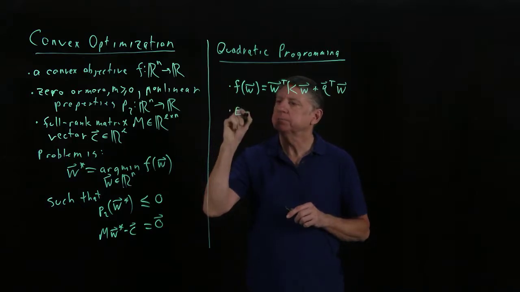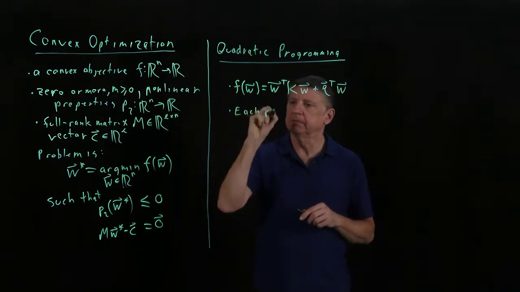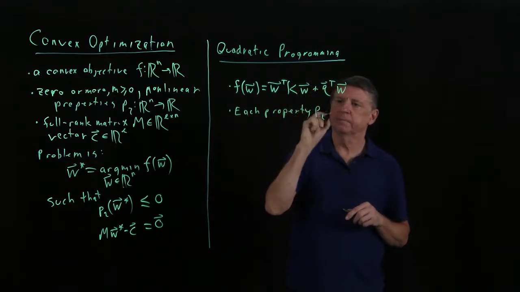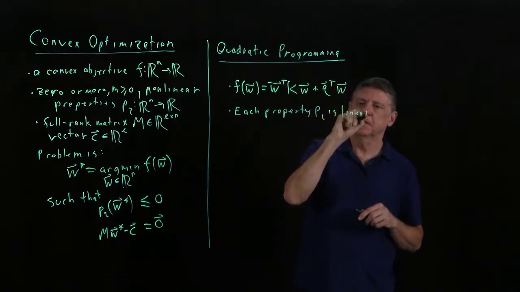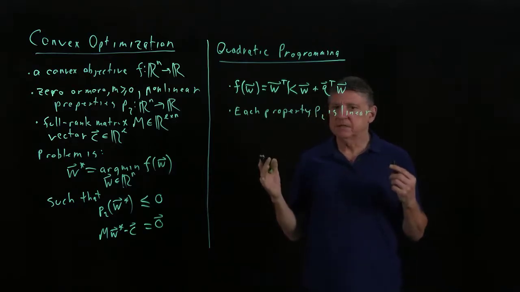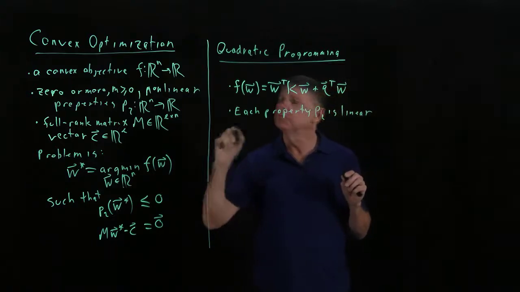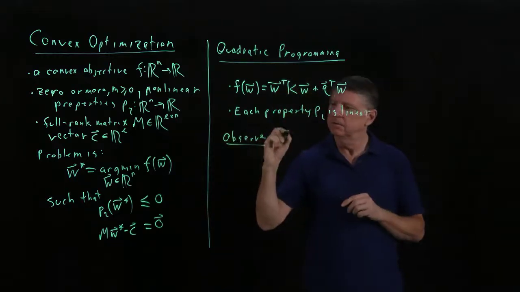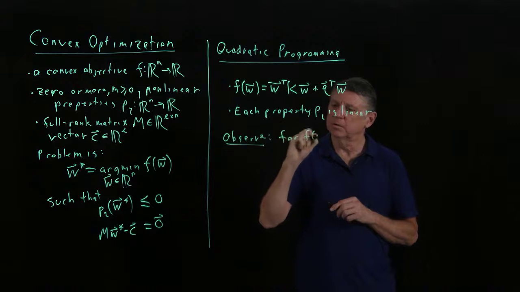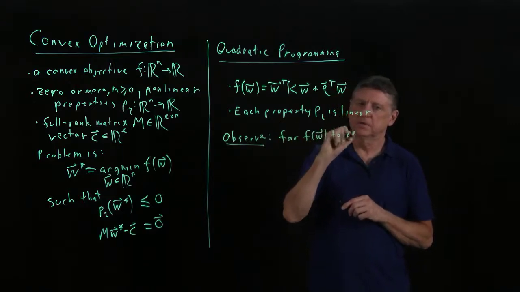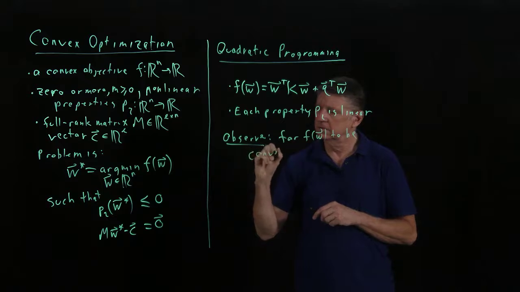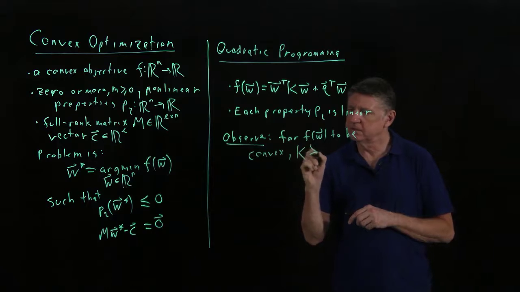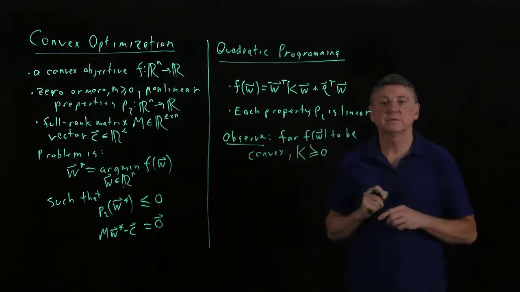And if each property P_i is linear. So what that means is, let's observe here that for the objective to be convex, we need this matrix K to be symmetric and positive semi-definite.